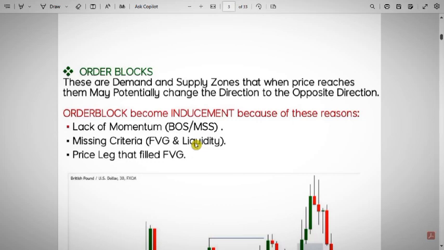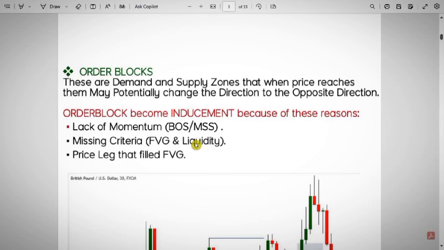The third thing is the price leg that filled the fair value gap. If you have a price leg that filled the fair value gap and went in the opposite direction, it means the fair value gap was filled, but price didn't touch the order block below that fair value gap.